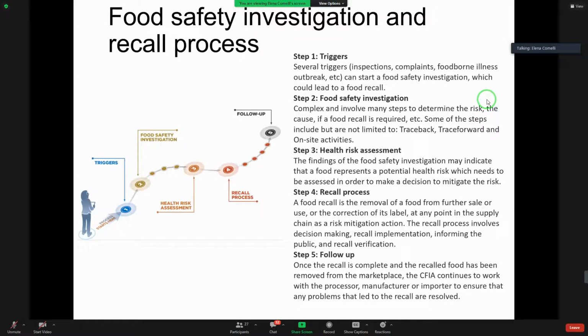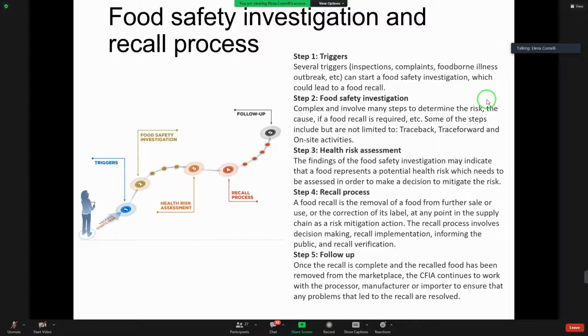So it refers to investigating the sources of where the contamination may be coming from, where it could be distributed, to whom this product is available, which categories, for how long, and it may involve an inspection on site, for example, in a production plant or in grocery stores, to see if the food has been properly stored and so on.